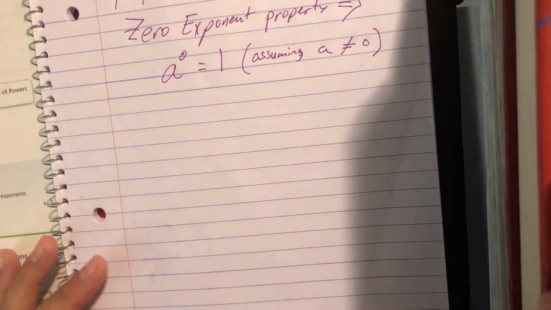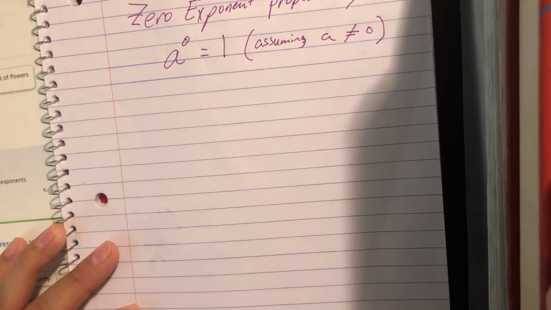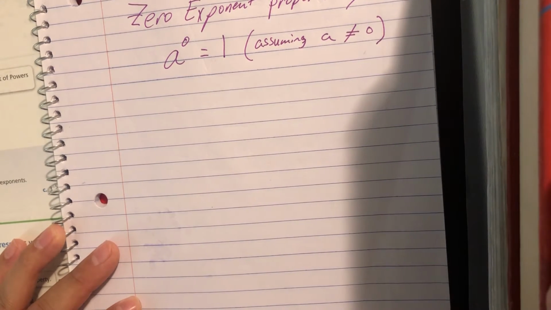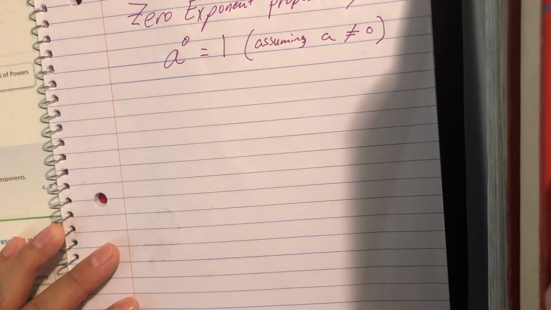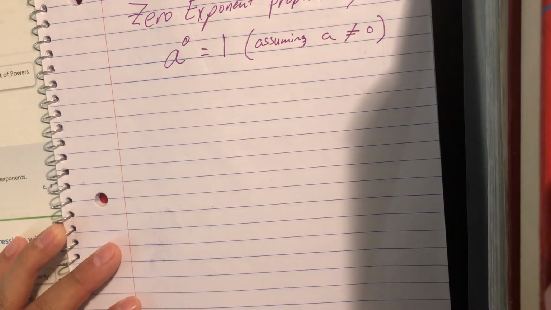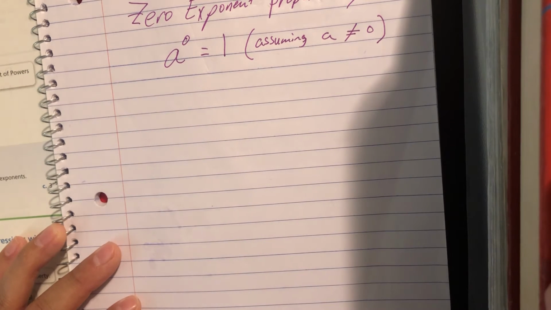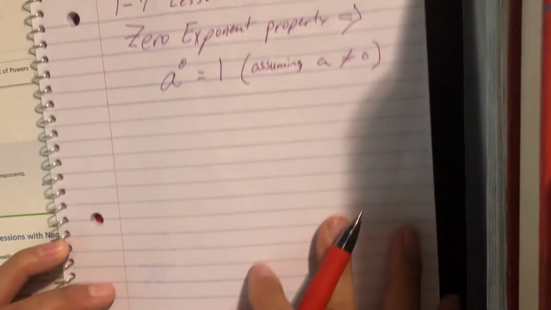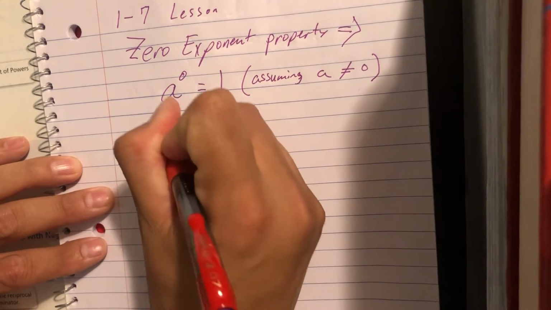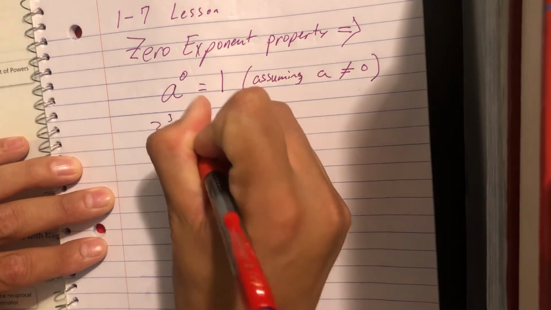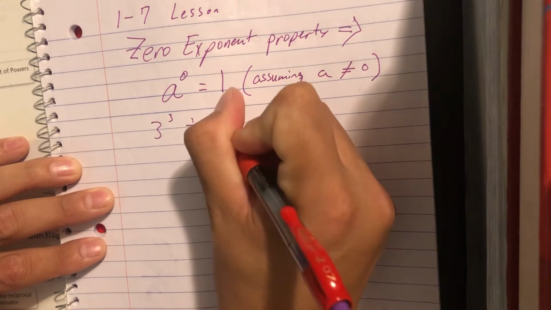The other one we're going to talk about is the negative exponent property. Actually, to explain why this works, let's look at 3 to the 3rd divided by 3 to the 3rd.